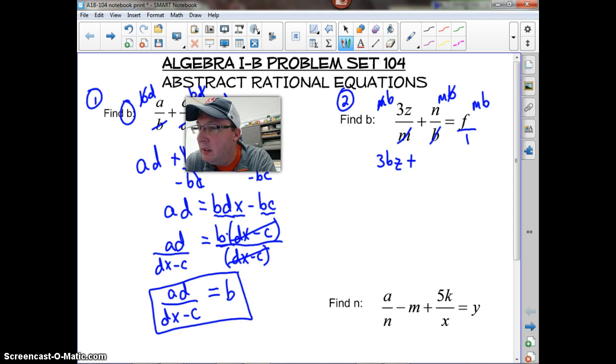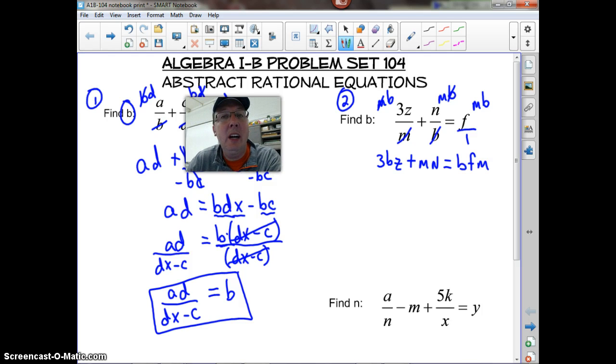I'm left with N times M. I like them alphabetical, so that's MN. On the right side, nothing cancels. So I put it in order B, F, M, alphabetical. It doesn't have to be, but that's kind of a standard practice to use.